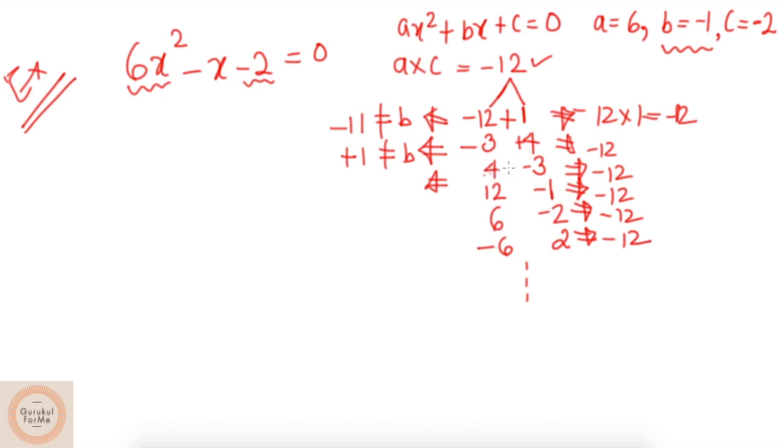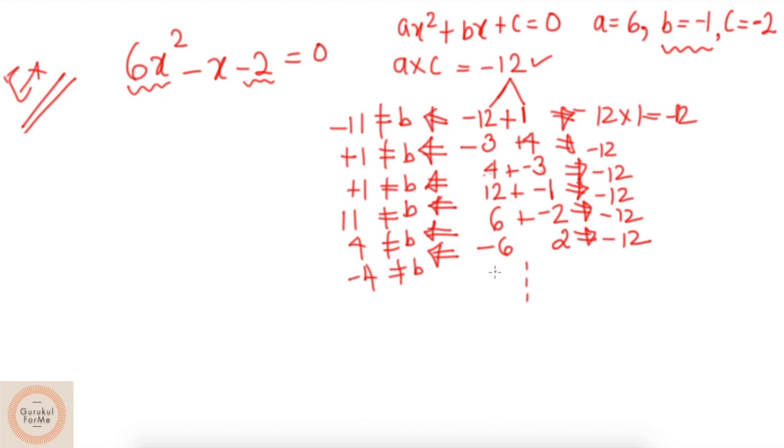So can I say that this is equal to plus 1? Oh, this is not equal to B. Can I say that 12 into minus 1, so this is plus 11? Oh, this is also not equal to B. If I add, can I say that this is equal to 4? This is also not equal to B. Can I say that this is equal to minus 4? Is that equal to B? No. Can I try a few more?